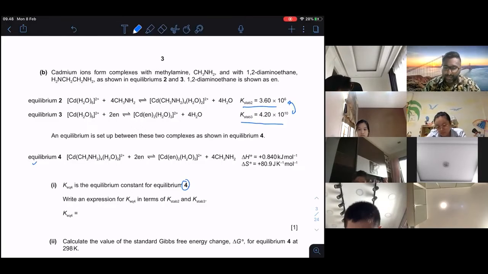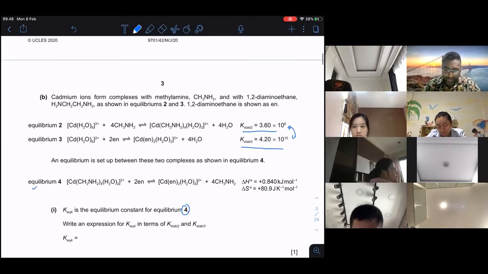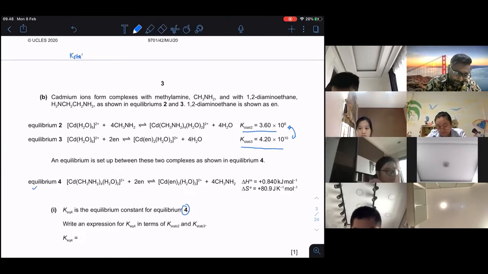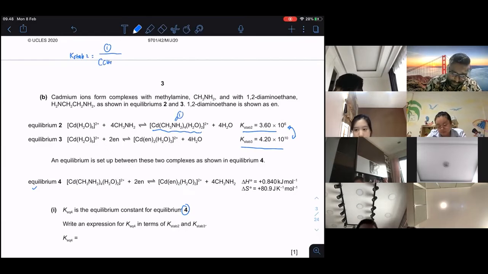Last time I already mentioned how to use the KC method, rearranging it properly. The same thing comes here, where we know the K step 2 is going to have this one. Let me use it as 1. This is 1, divided by CH3NH2 to the power of 4 and CdH2O6 2+.